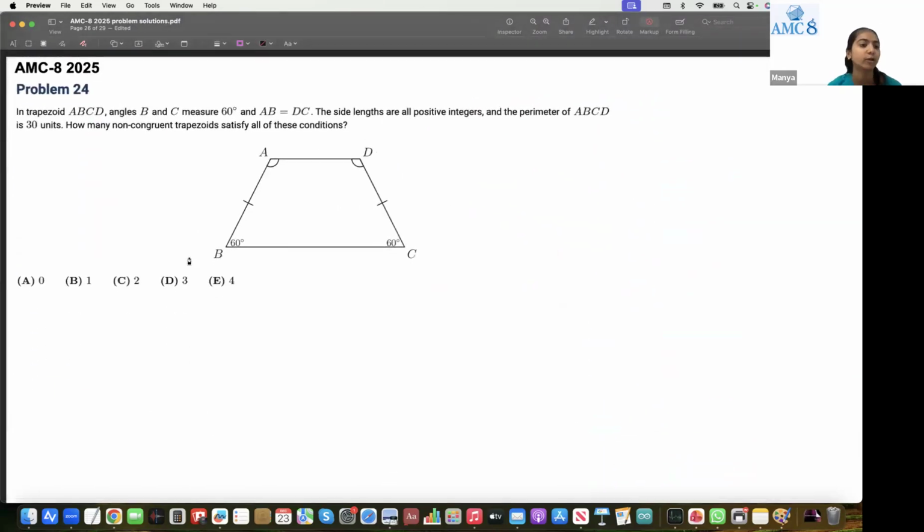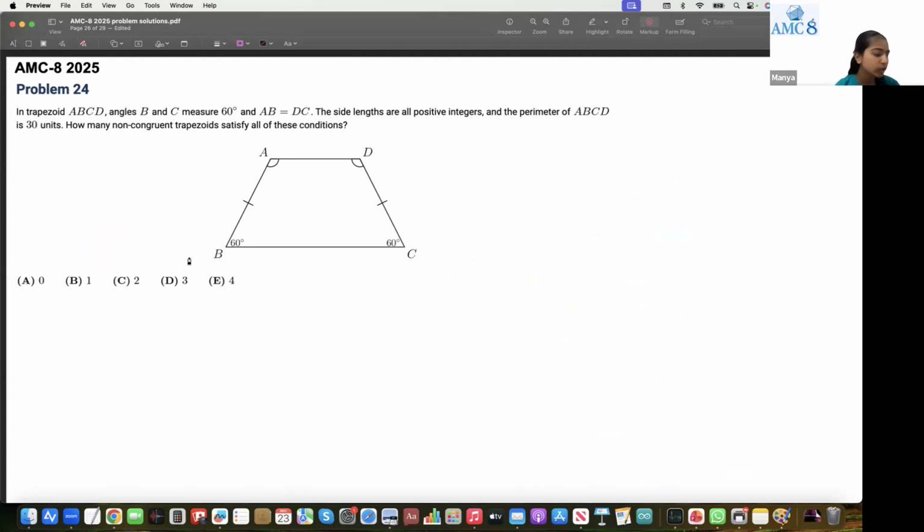So problem number 24. In trapezoid ABCD, angles B and C measure 60 degrees, and AB equals DC. The side lengths are all positive integers, and the perimeter of ABCD is 30 units.